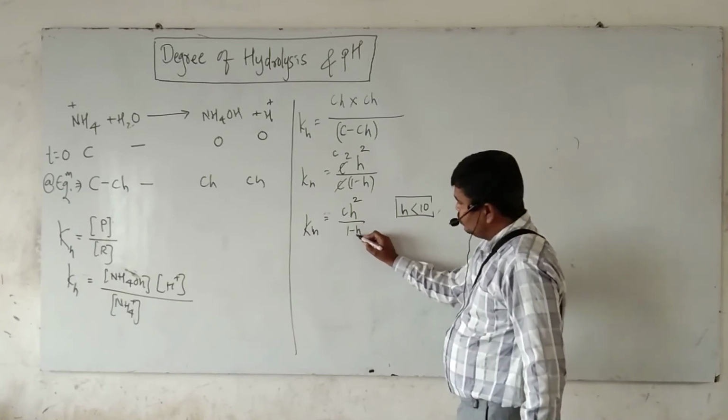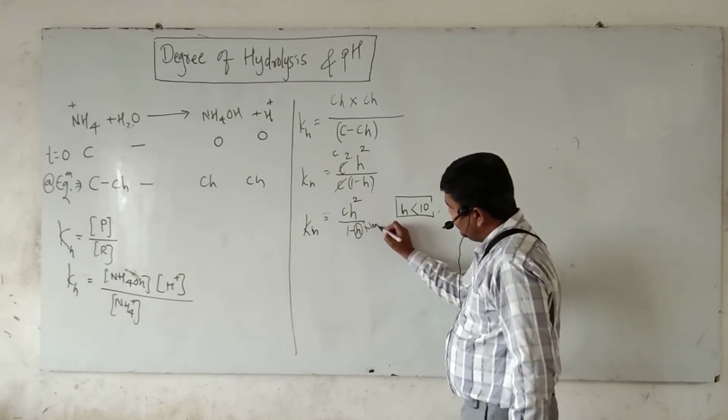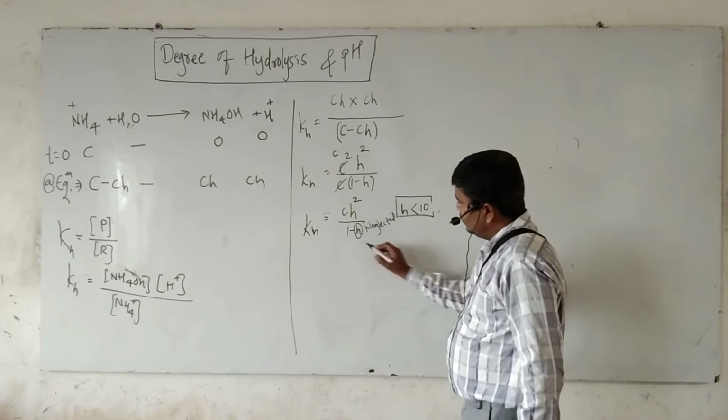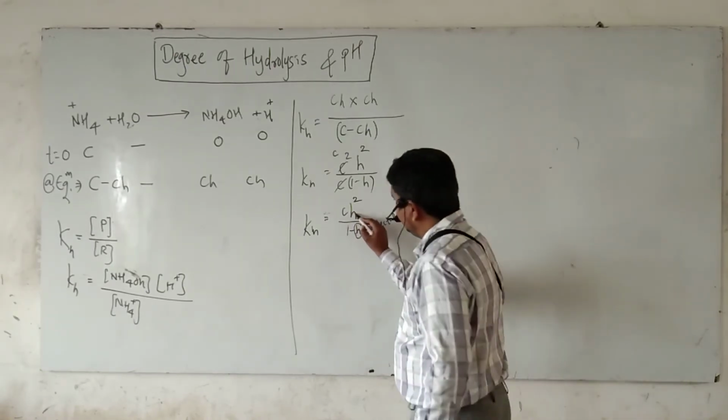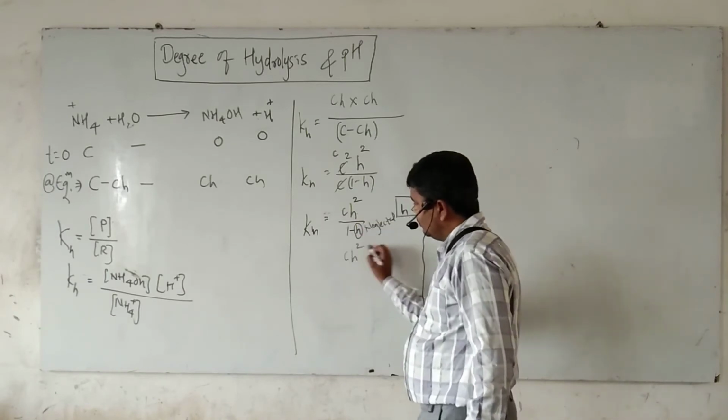So if H is neglected, then what will we have? Only 1. And CH square upon 1 means CH square.